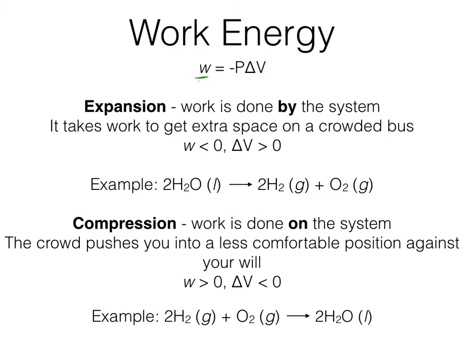An example of expansion work is when water breaks up into its atoms, where we split water and get hydrogen gas and oxygen gas. We're taking liquid water, which is compressed and not taking up much space, and making gaseous diatomic molecules that take up lots of space. This is expansion. It is work done by the system.